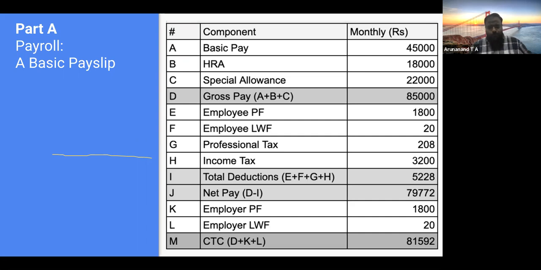So gross pay is a big rock, and we are reducing the PF contribution, LWF contribution, income tax contribution, etc., from that. And what's remaining is the net pay, which is the salary the employee is taking home. So this net pay is also known as the take-home salary or takeaway salary. Net pay is the amount that you actually get in your bank account. Okay, so that's about the net pay.